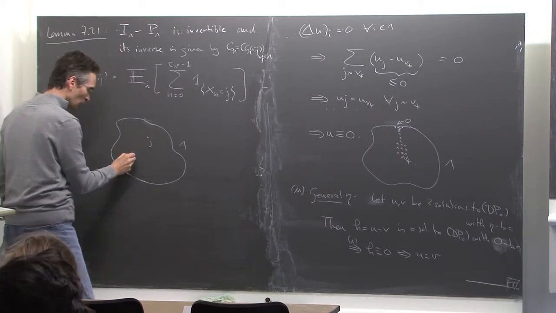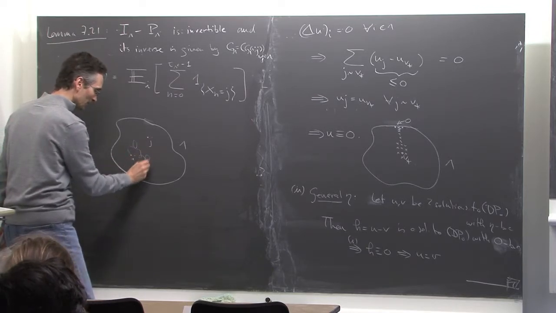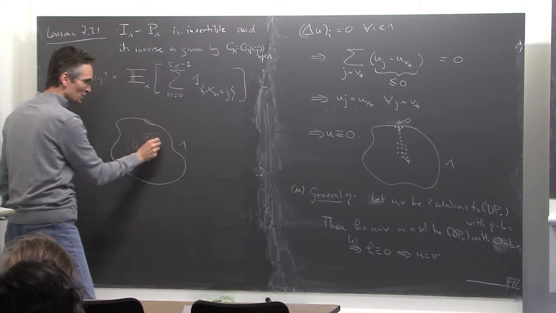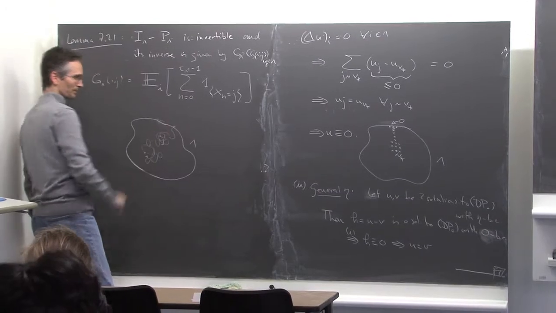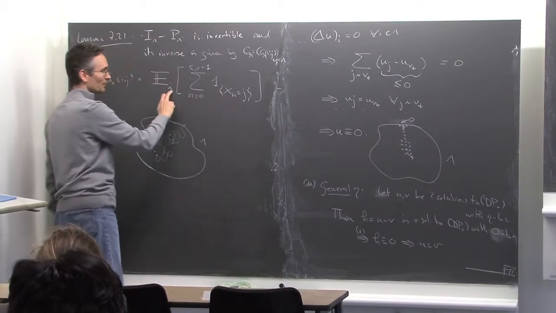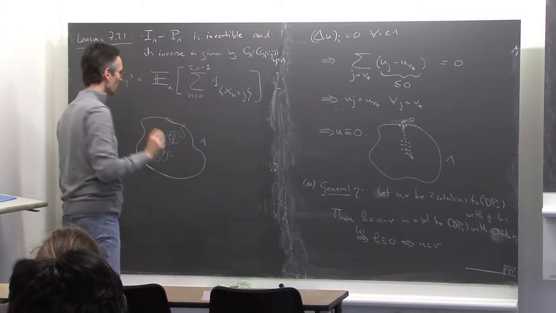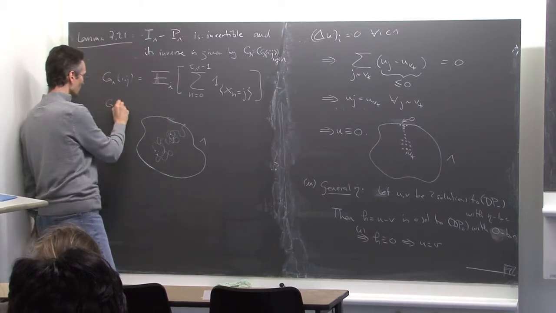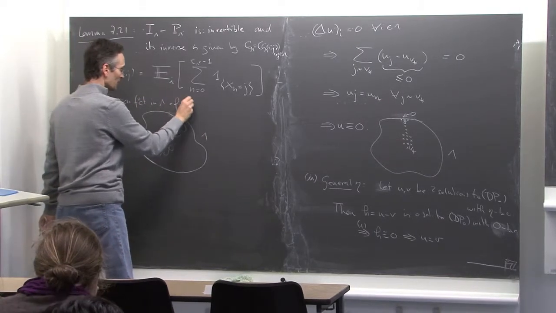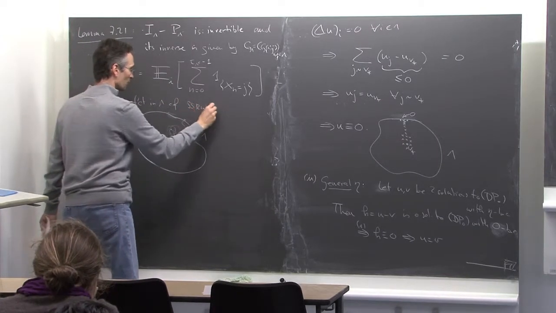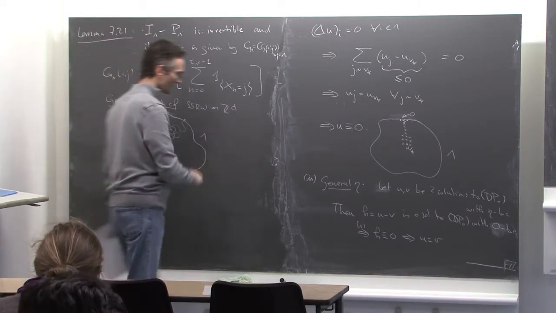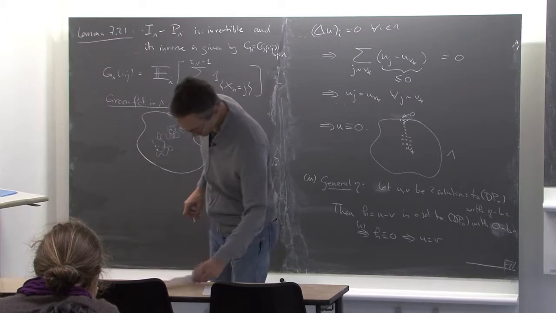You start your random walk at i, it's traveling here, and you count the number of times it visits j before exiting the box. This is just the expected number of visits at j starting from i before exiting the box. That's what is called the Green function in Lambda of the symmetric simple random walk on Z^d. So let's prove that.